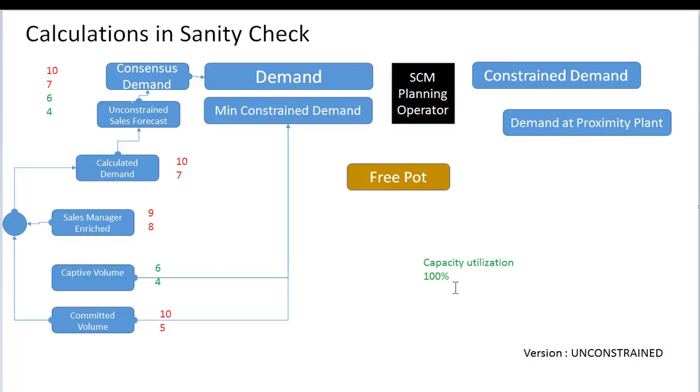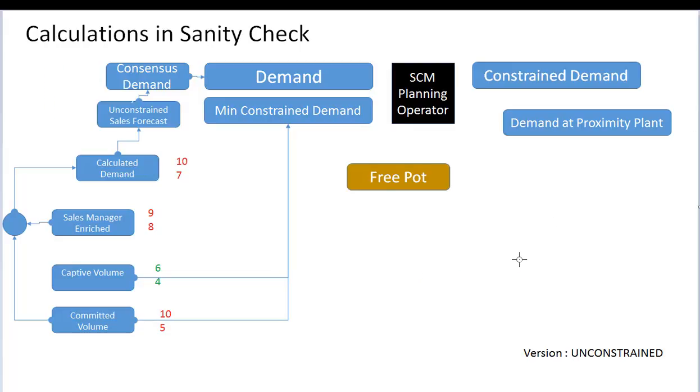So if the planner really wants to make sure that the sanity check is completely okay for this plant, he can do a different set of calculations.